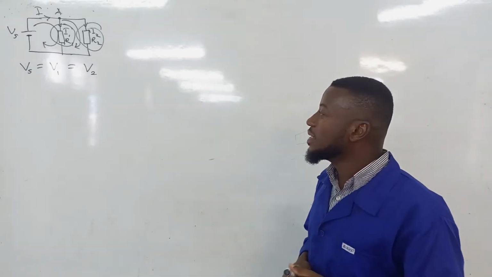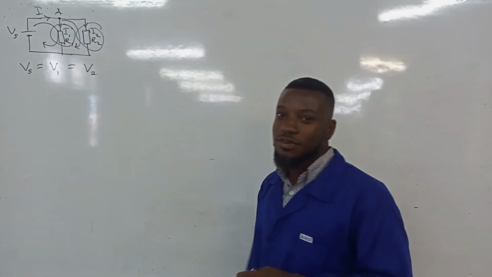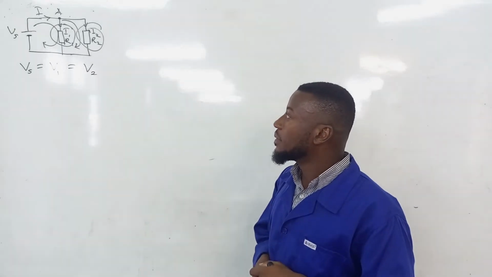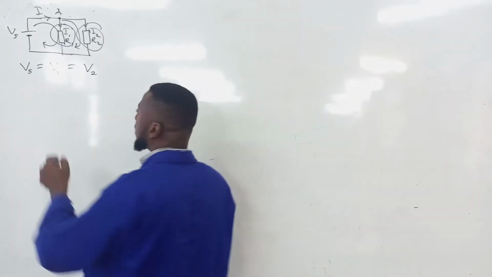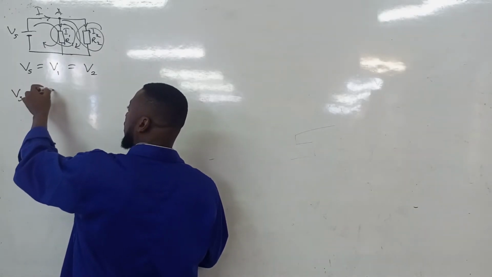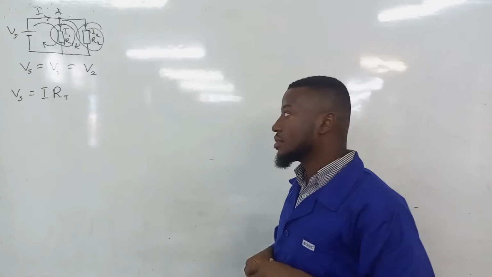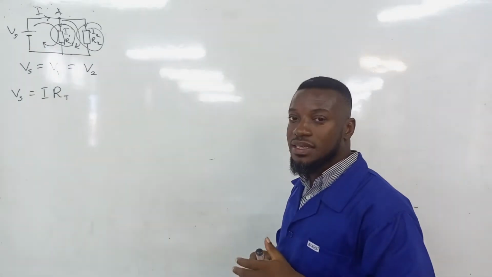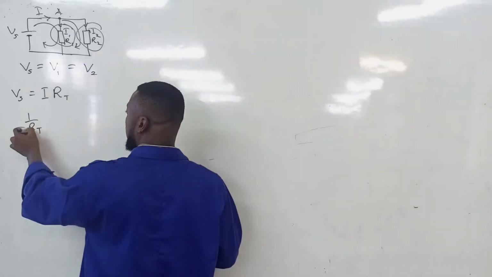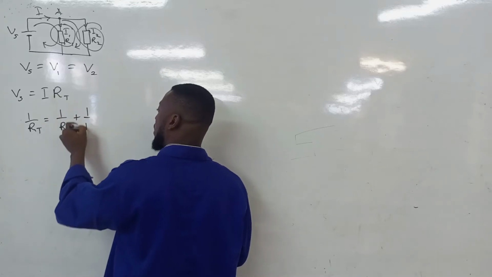Now, what we have to say is the currents through the various resistors are different currents. All right. So we can say that Vs is equal to I RT. Here we have to calculate the total resistance in the circuit. For a parallel circuit, calculating the total resistance, you say 1 on RT is equal to 1 on R1 plus 1 on R2.